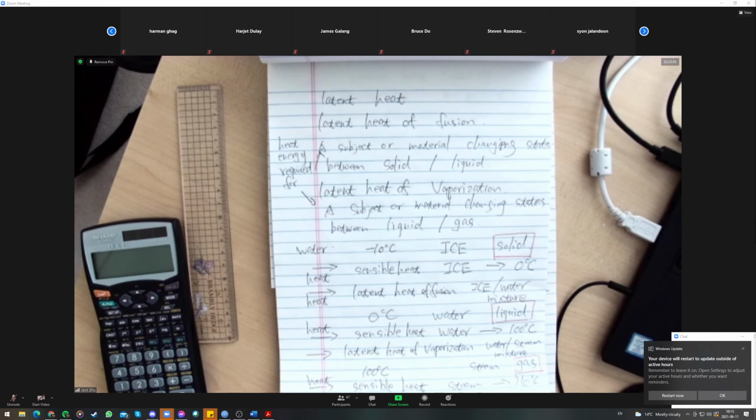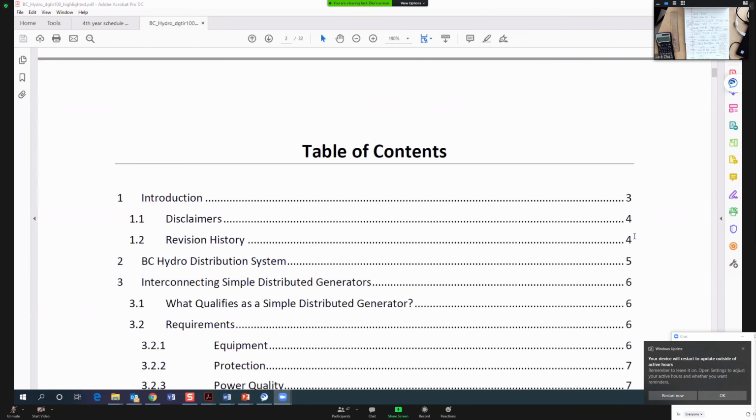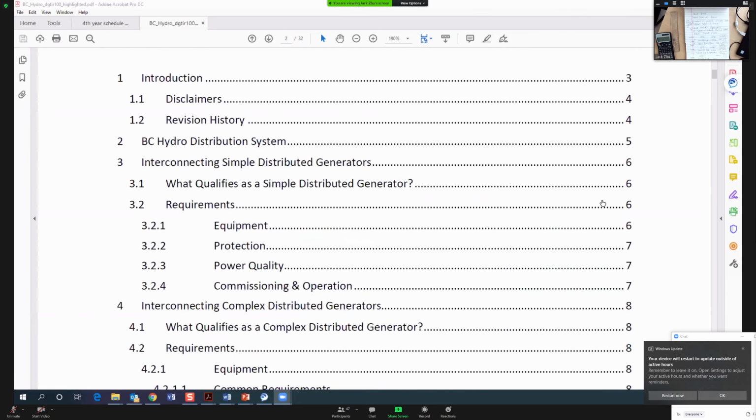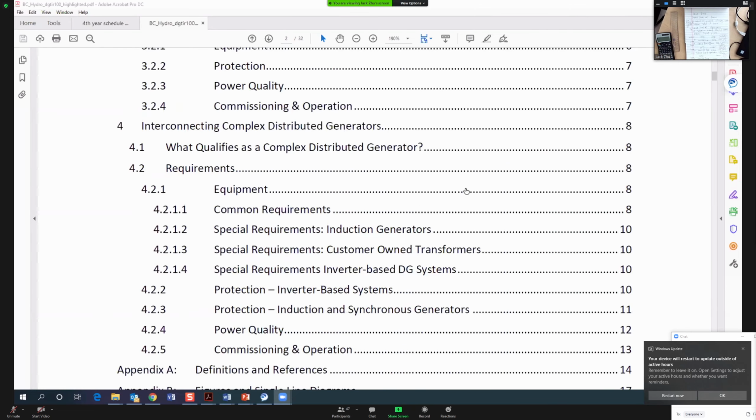So if you want to connect any type of system into the BC Hydro grid, you have to meet their requirements. The table of contents makes it easy to find the information you're looking for. In here, they call this the distributed generator owner, the DG owner.